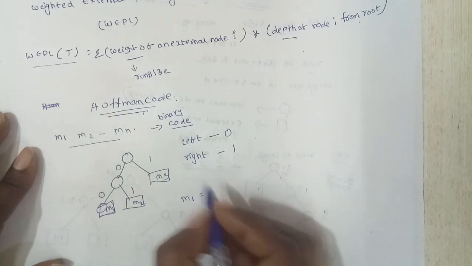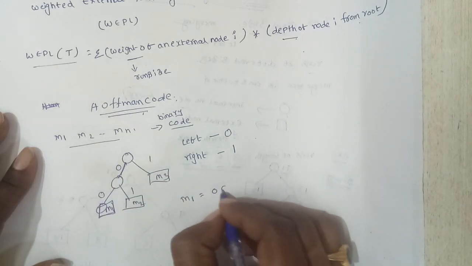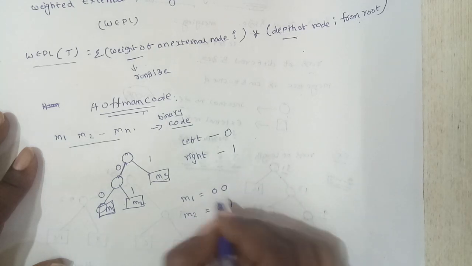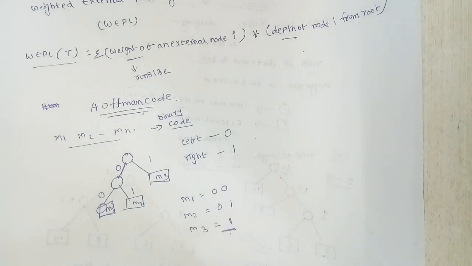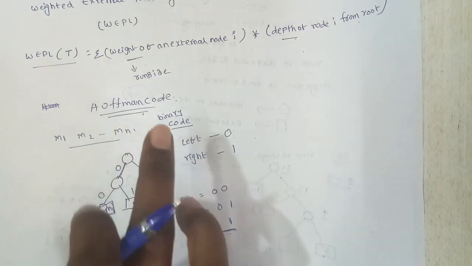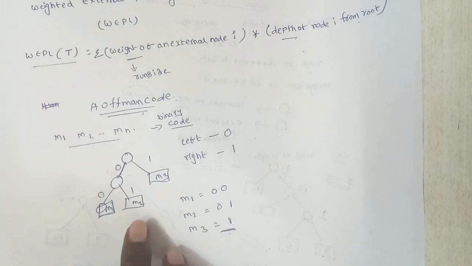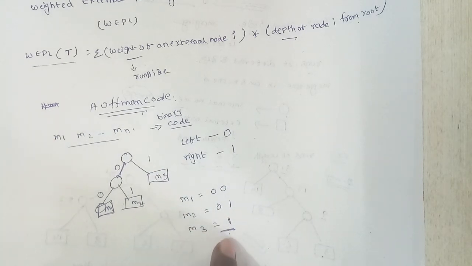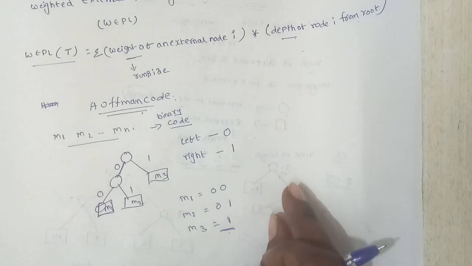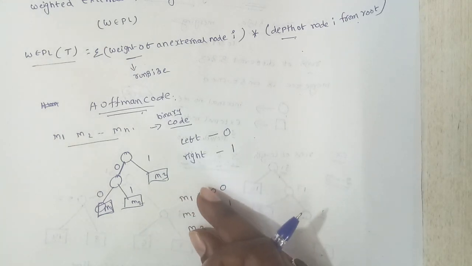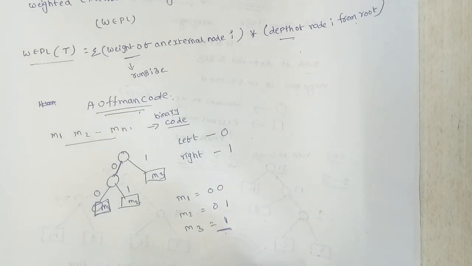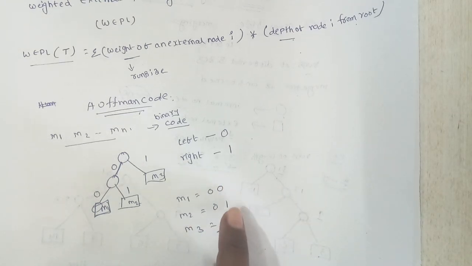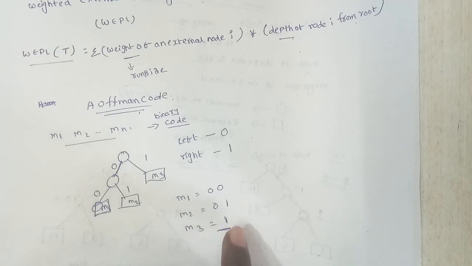Now what is M1? 0, 0 represents M1, 0, 1 represents M2, 1 represents M3. Okay, that means in Huffman code each and every message is represented in a binary code, and this binary code is transmitted to the receiver, that is, at the receiver side this binary code is decoded. Here 0, 0, 0, 1 and 1 are called Huffman codes.